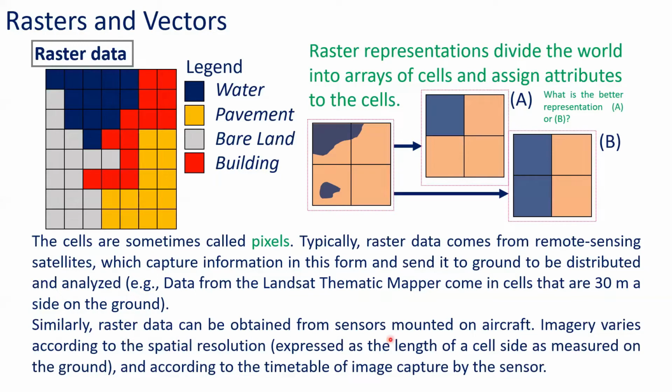Similarly, raster data can be obtained from sensors mounted on aircraft. If you put a camera underneath the aircraft, you can take photos of the ground. These were very difficult to explain in those days. Maybe 2007, 2008, I was in school. In those days, people were only using aircraft; quadcopters and drones, which are available right now, were not known at that time.